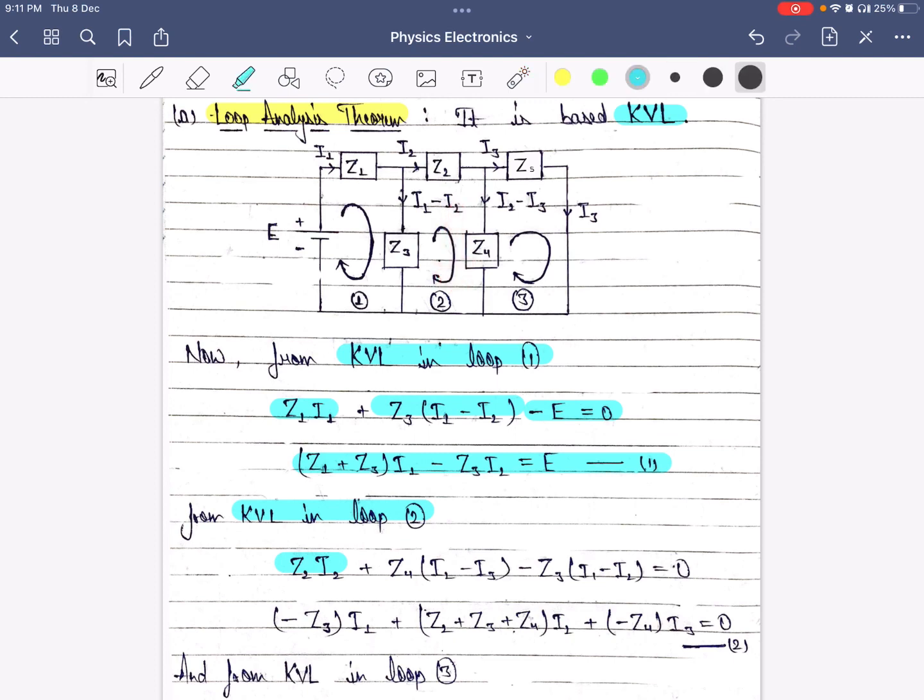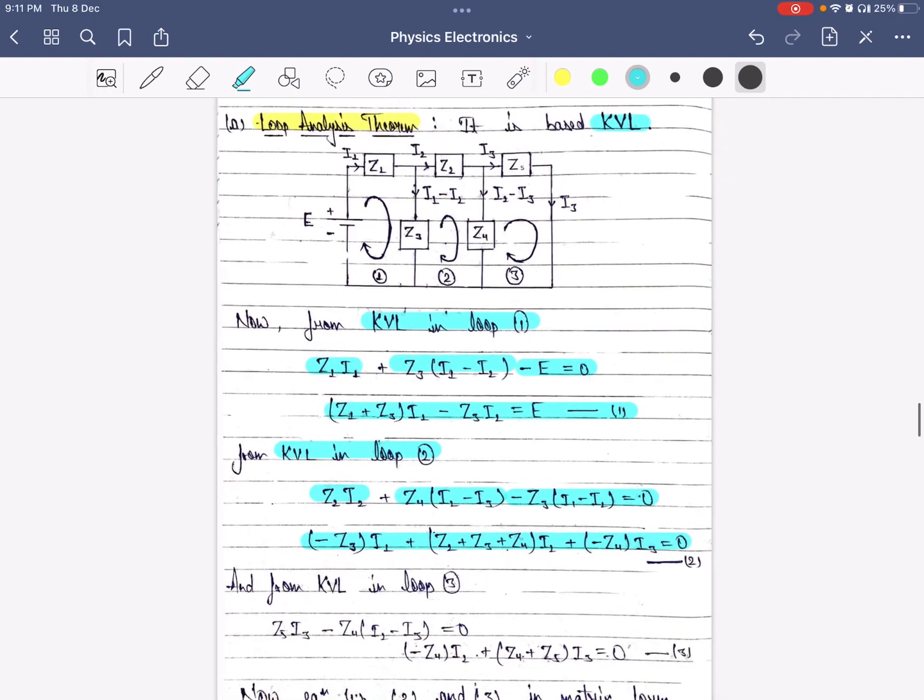So it will be positive Z4 (I2 minus I3). As for the impedance Z3, I1 minus I2 current is flowing through it and we are traveling in the opposite direction to the current. So it will be negative Z3 (I1 minus I2) is equals to 0. Now we will take common out and we will get this equation.